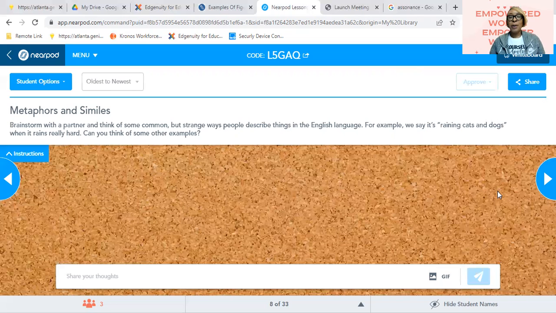So brainstorming, we did this already, so we're going to kind of bypass this because this was part of the previous lesson that we did. We brainstormed already. We came up with different similes and metaphors. We brainstormed and came up with different types of figurative language. Some of them we came up with was the example that they use is raining cats and dogs.